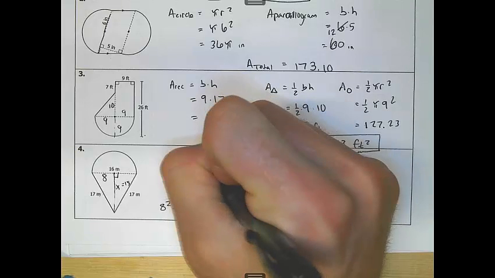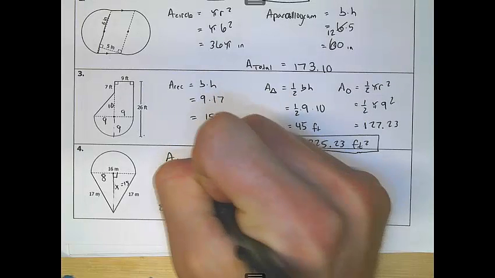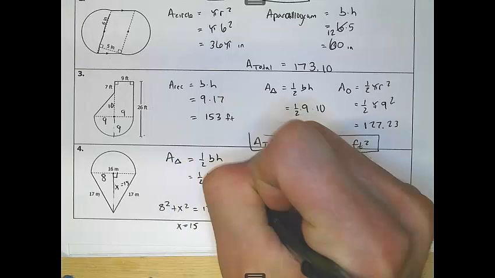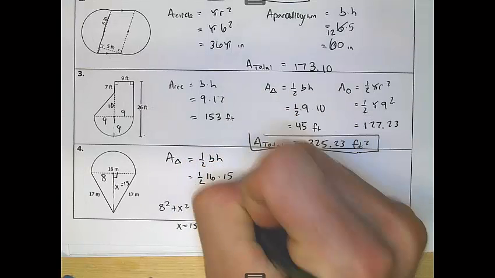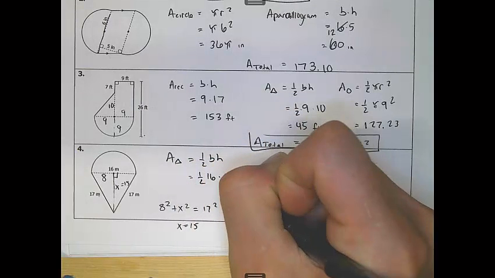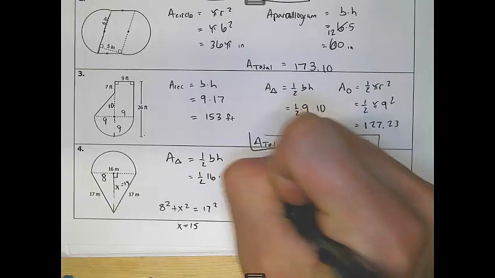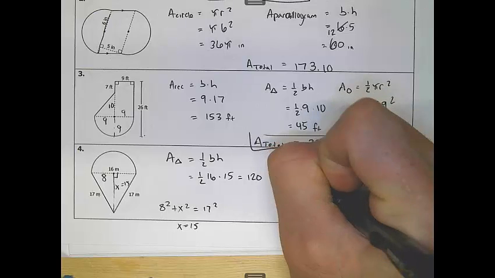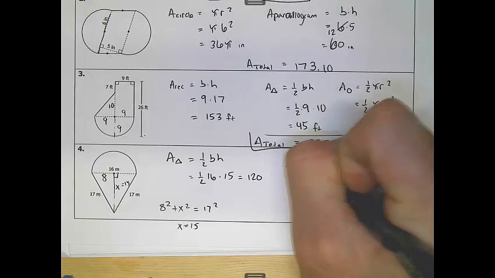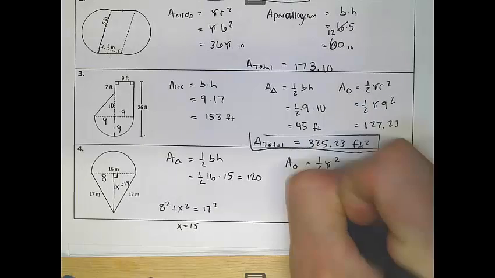So it's going to be 1/2 base times height for the triangle. The base is 16. I'm going to use 15 for the height. And that gives us exactly 120. And then we need the area for the circle, which is 1/2 pi r squared because it's a semicircle.